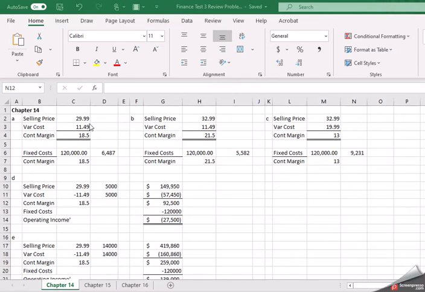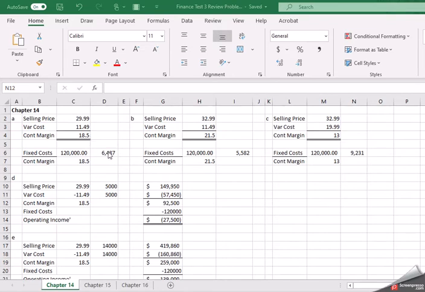So they'll give you the selling price. In this case, it says Tony's Beach T-shirts sells the T-shirts for $29.99 and then has a variable cost of $11.49 per shirt. So that would give them a unit contribution margin of $18.50. The company incurs $120,000 of fixed operating costs.